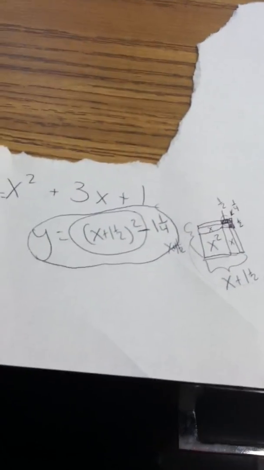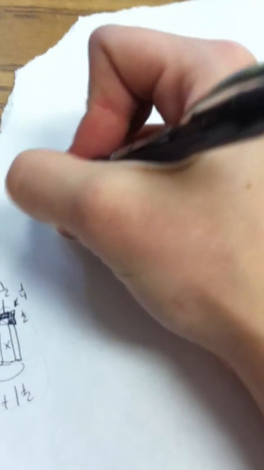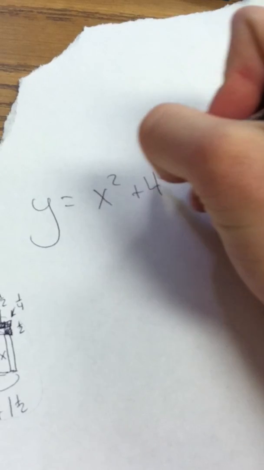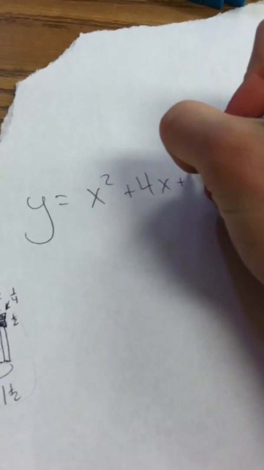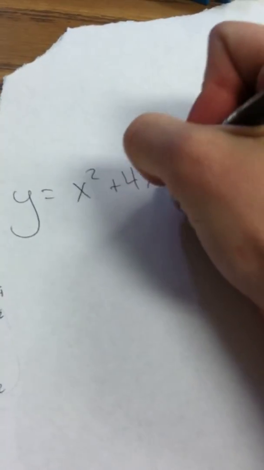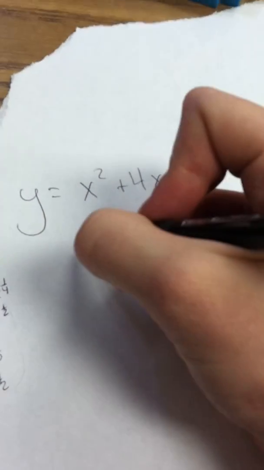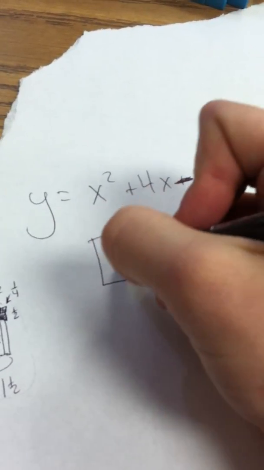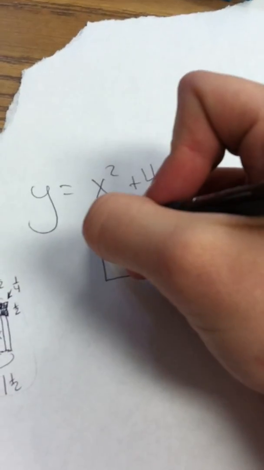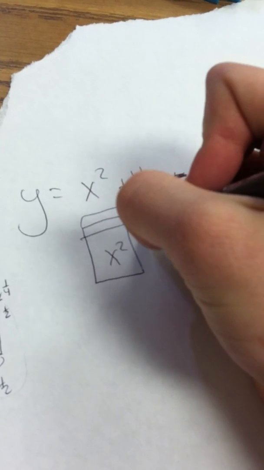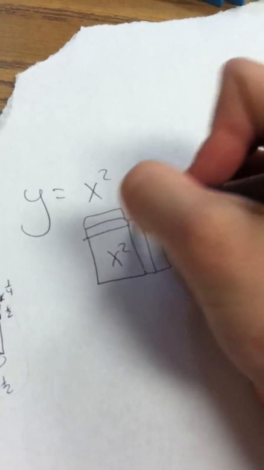Okay, I'm going to show you one more. So let's try y equals x squared plus 4x plus, actually let's try minus 6 this time. So if we have an x squared here, I've got 4 x's, so I can split those up. 2x on this side and 2x on this side.